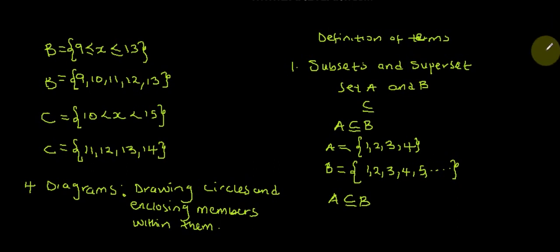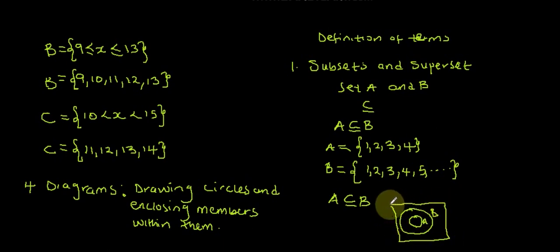A practical example is a baby in his mother's womb. So using a diagram, we can represent this by this. Let's say this is set B and this is set A. So set A is inside set B. This is a diagrammatic explanation of subsets.